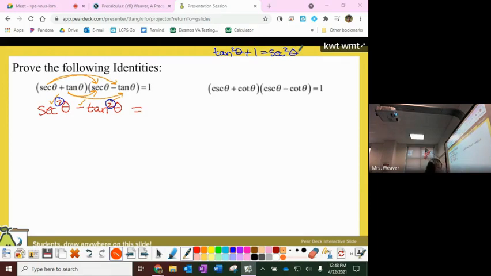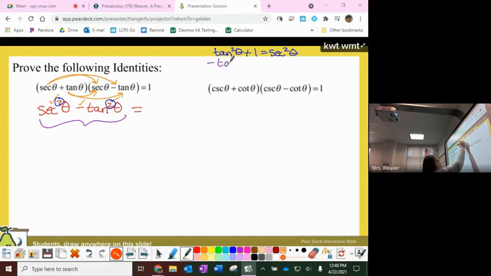So when I have secant squared theta minus tangent squared theta, my first question is, can I get that whole expression matched? And if I look at this, I sure can.